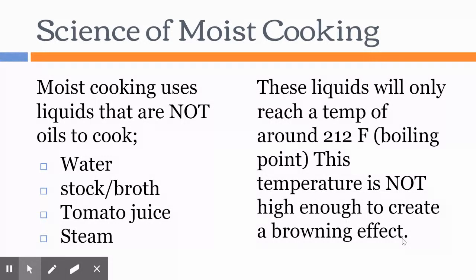But essentially, any of these water-based liquids are only looking at a temperature of around 212 degrees. That's the boiling point. That temperature is not high enough to create a browning effect.